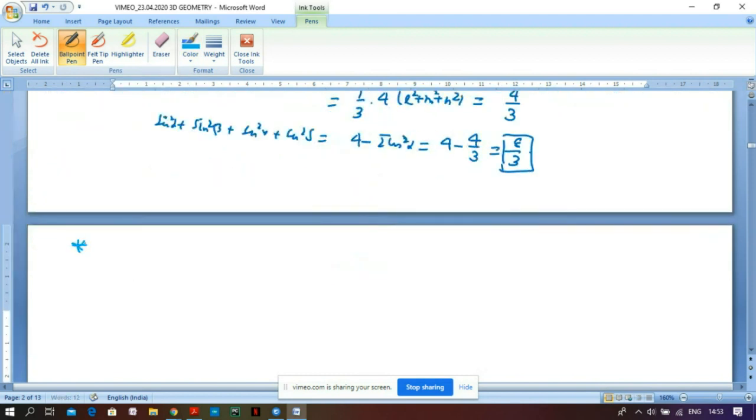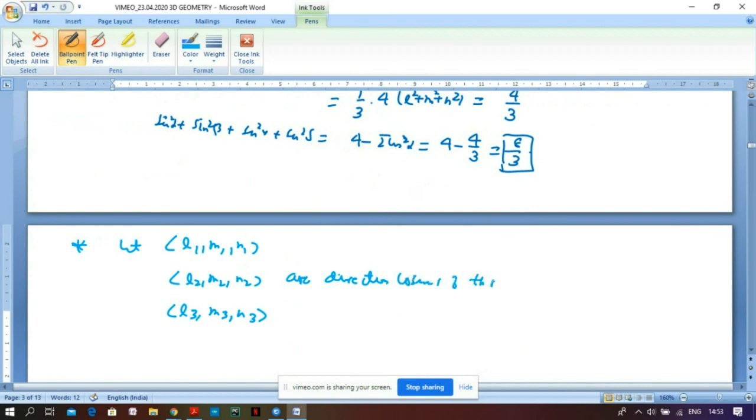We can again do some more problems on direction cosines and ratios. So this question says, let L1, M1, N1 and L2, M2, N2, and again L3, M3, N3 be the direction cosines of three lines which are mutually perpendicular.